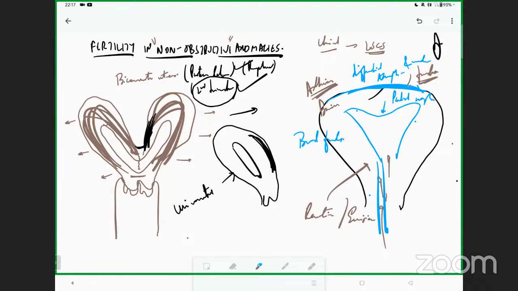These are your non-obstructive anomalies as far as the uterus is concerned. These non-obstructive anomalies are absolutely fantastic. Okay, they are fantastic because they are going to give the patient an excellent outcome the minute some amount of correction is done. They give an excellent outcome even if some amount of correction is not done for the patient. All right, there are so many patients with a bicornuate uterus who have a healthy pregnancy.